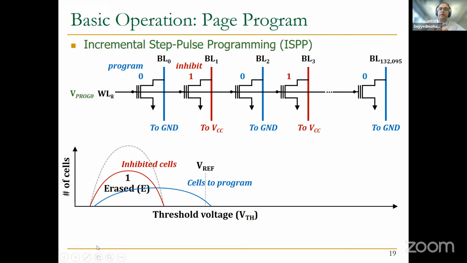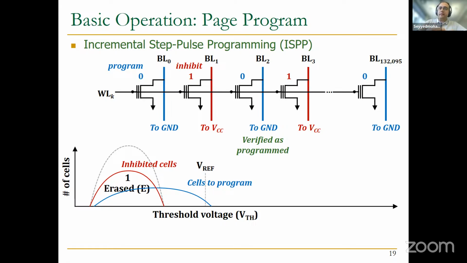When you apply VProgram0, you can see that we reach this position, where some cells are now okay, but many of them are still not okay. So after applying VProgram0, you need to evaluate, and to evaluate, you need to read the data that is stored in flash and see whether the data that you want is correct or not.